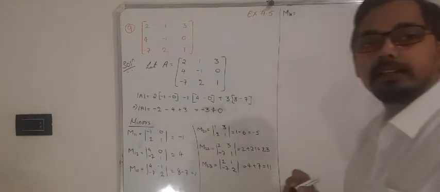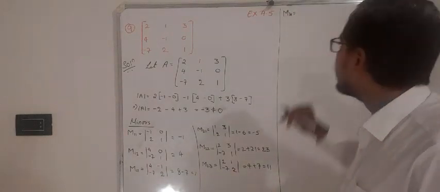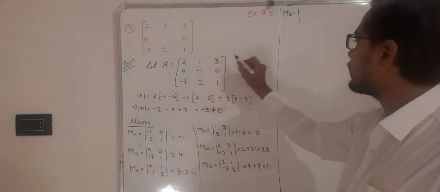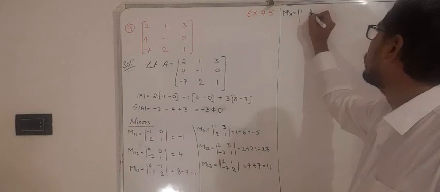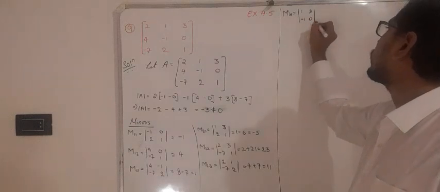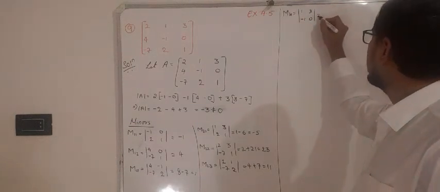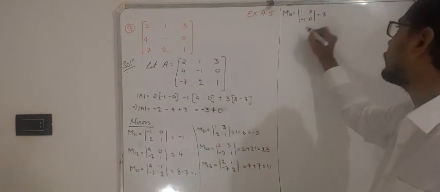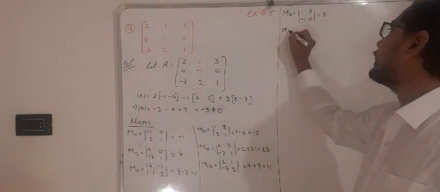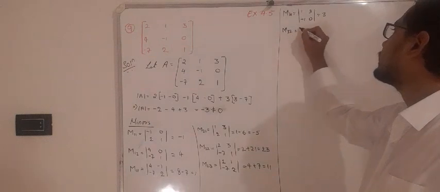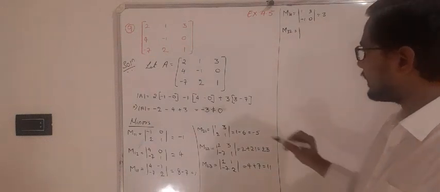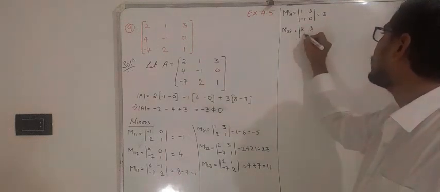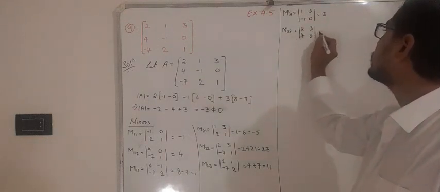M31, right? M31 is the minor of A31, that is minus 1, 3, minus 1, 0. So this is 1 into 0 is 0, minus of minus 3, that is plus 3. M32 is the minor of A32, that is 2, 3, 4 and 0.